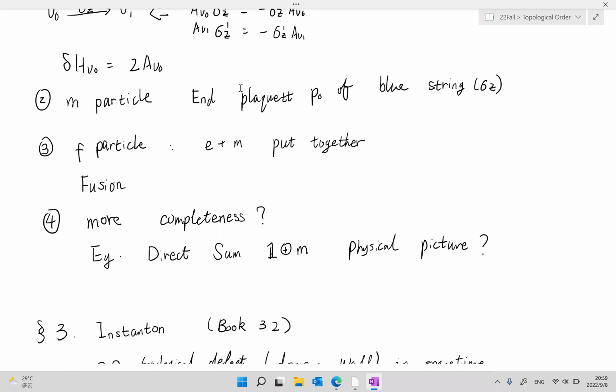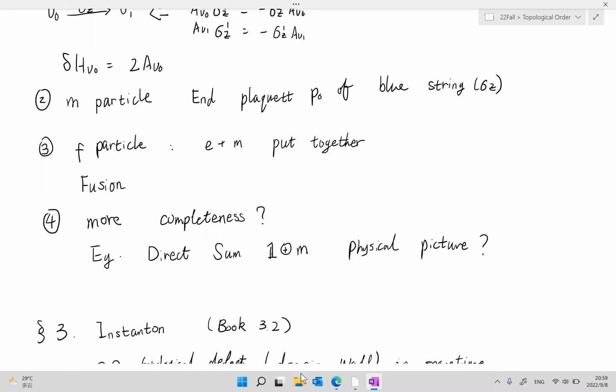Another question I asked yesterday, but we don't have a good answer. So how do we understand the direct sum? It's like 1 plus n, something like this in a physical way, intuitively. So far, I haven't.